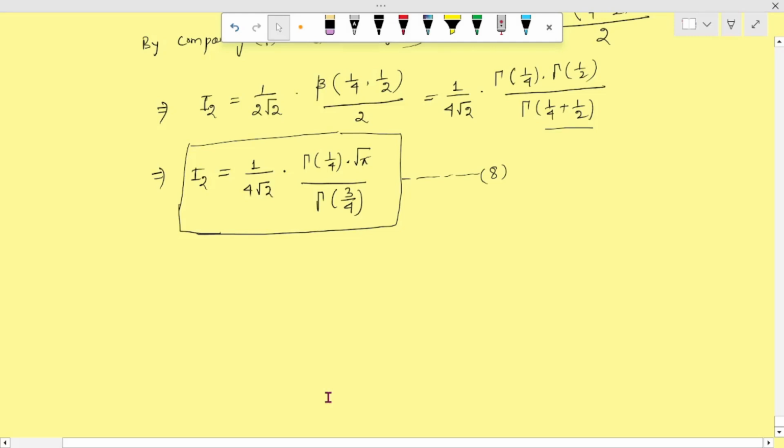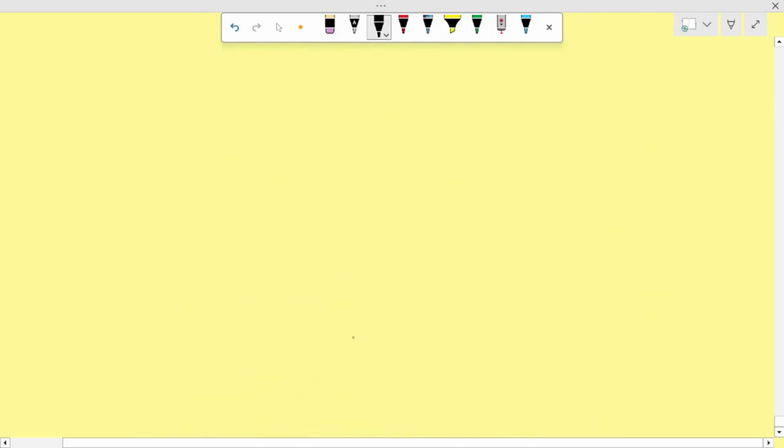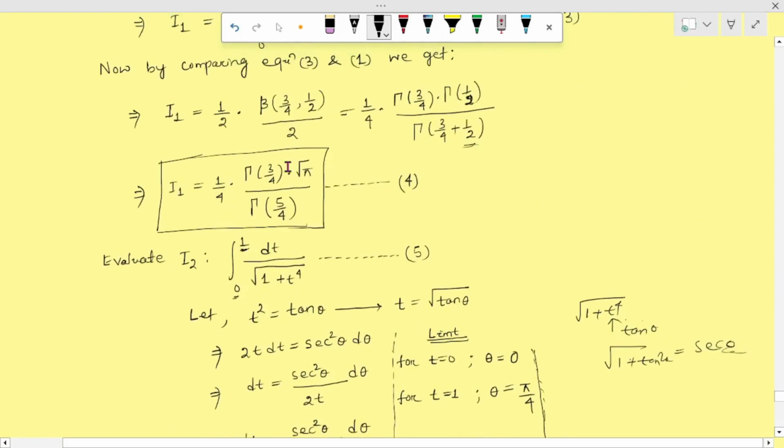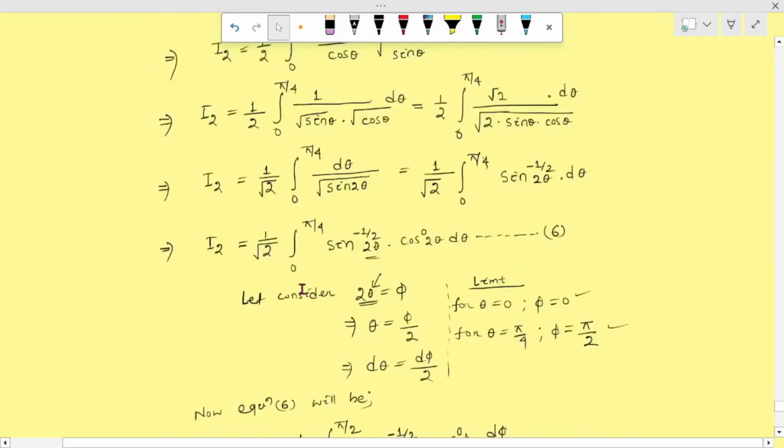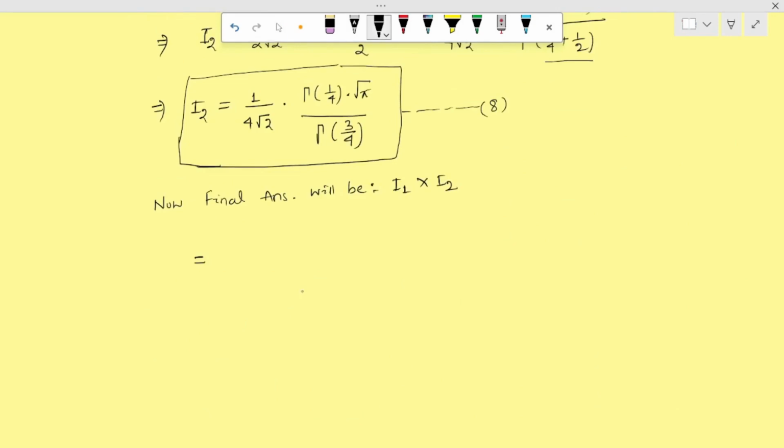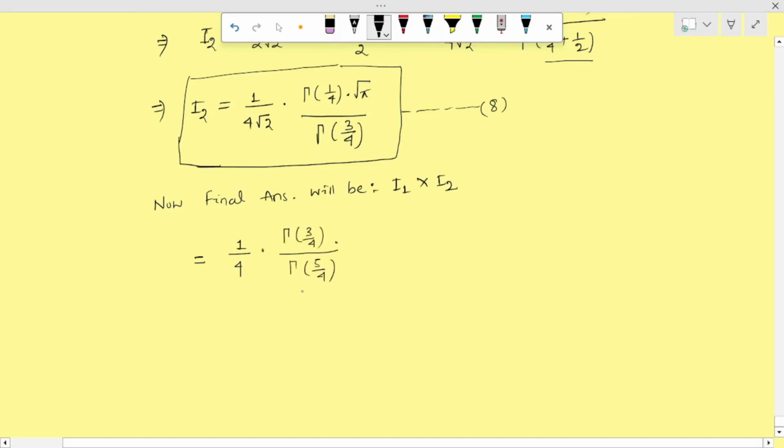Now the final answer will be I1 into I2, which will be equal to I1, as written in equation number 4: 1 by 4 gamma 3 by 4 into root pi by gamma 5 by 4, 1 by 4 into gamma 3 by 4 by gamma 5 by 4 into root pi.